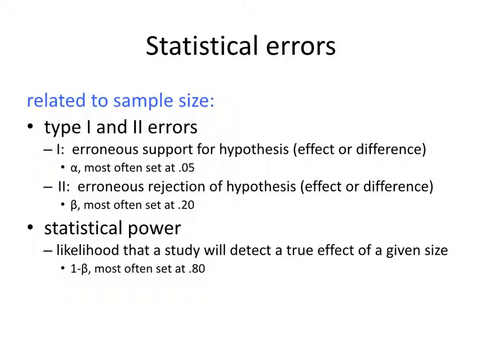So that means that a typical research study has an 80% chance of detecting a true effect. So if alpha is set at 0.05, it means that we are 95% confident that an effect of a certain size is a true effect. And if statistical power is 0.80, we are 80% confident that if there is a true effect of a given size, we'll find it.